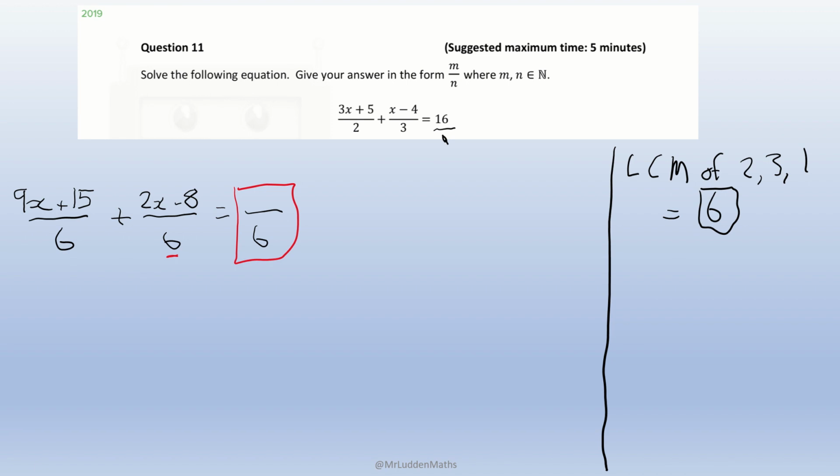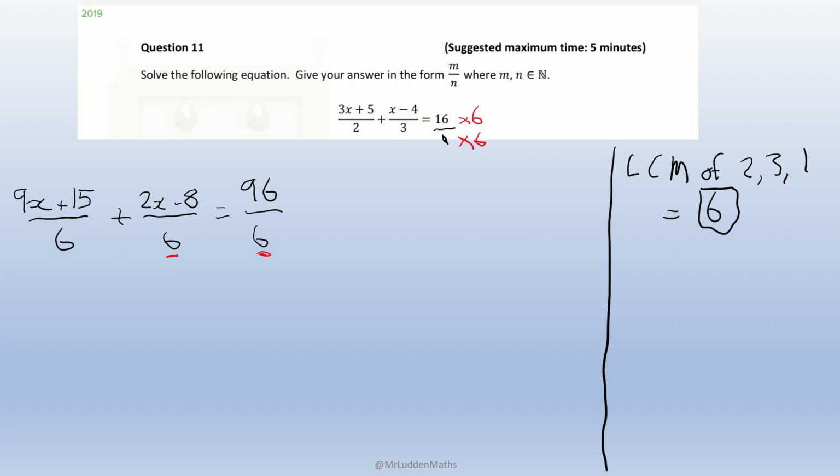Remember, it's 16 over 1. How would I rewrite that with my denominator as 6? 1 times 6 gives me the 6 at the bottom. I have to multiply the 16 by 6 as well. 16 times 6 is 96.